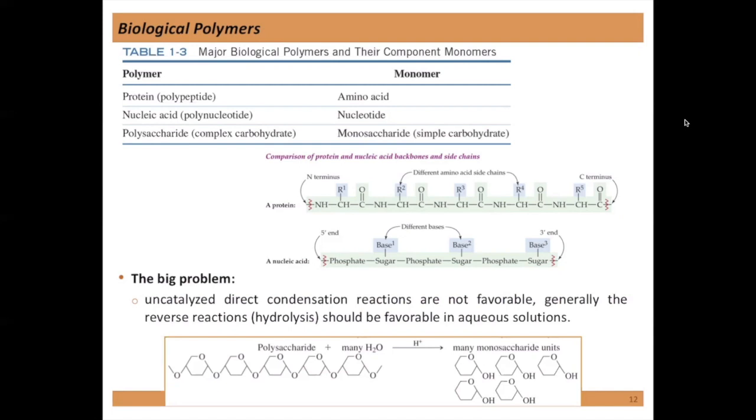So proteins actually are connected by these amide bonds right here, and they vary in their side chains. Nucleic acids are connected by sugar phosphate linkages, and they vary in their side chains by the heterocyclic base off the side, the pyrimidines or the purines.